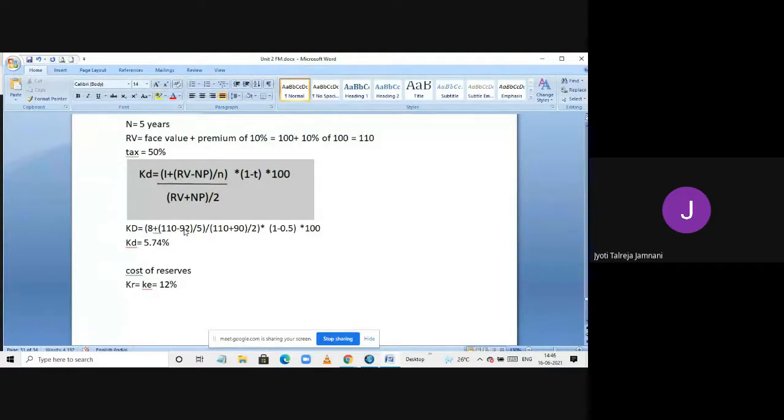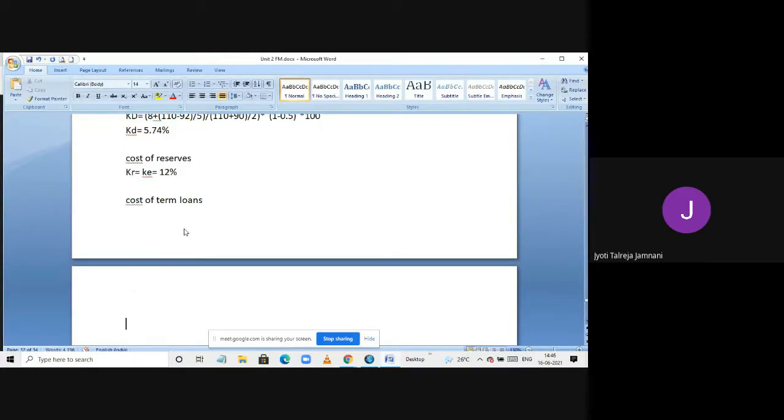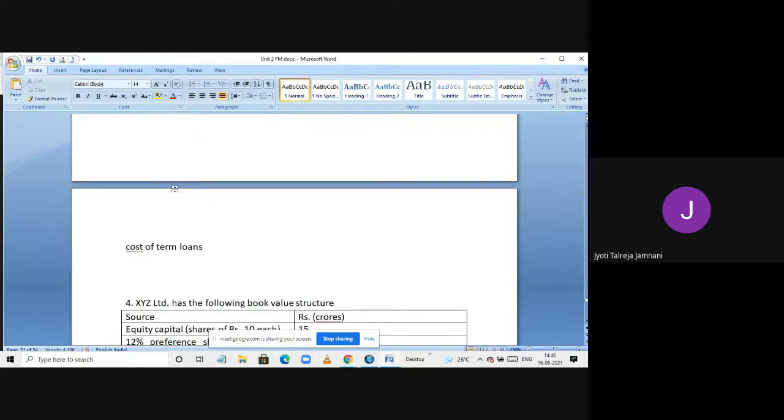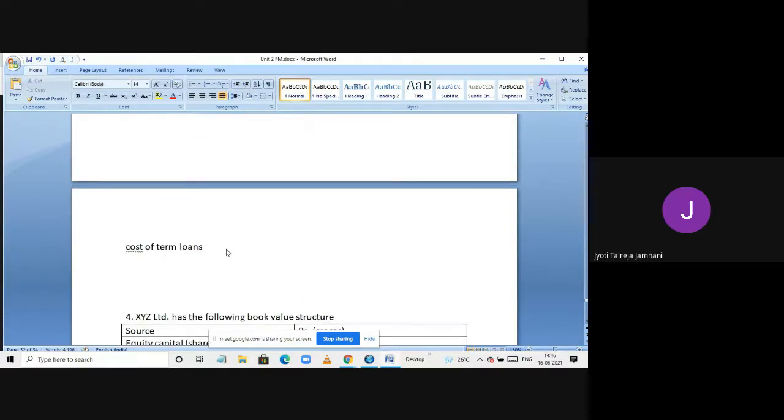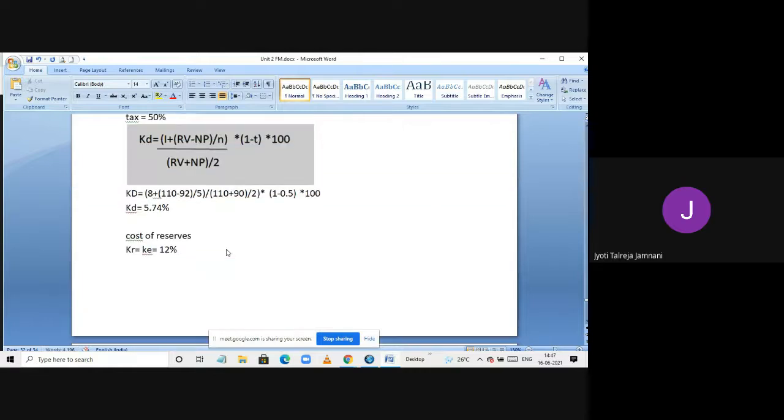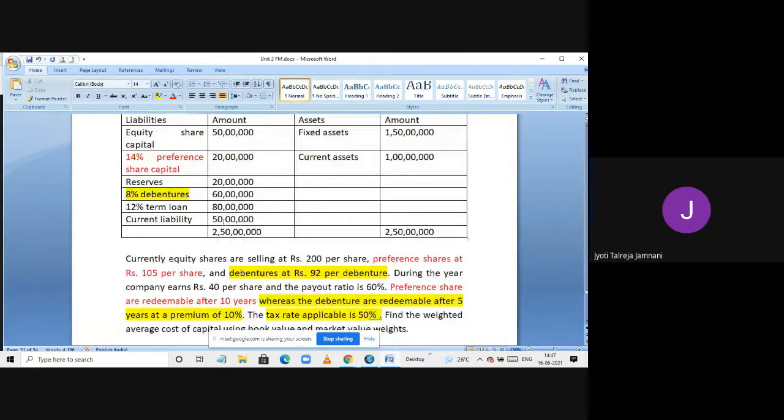Then we'll do cost of term loans. In the case of term loans, we'll just find it after tax. Whatever is given is the actual cost only. For term loans, they have not told us redeemable after so many years, so we need not use the redeemable formula. We can do it the simple way, using just the percentage, which is 12%.